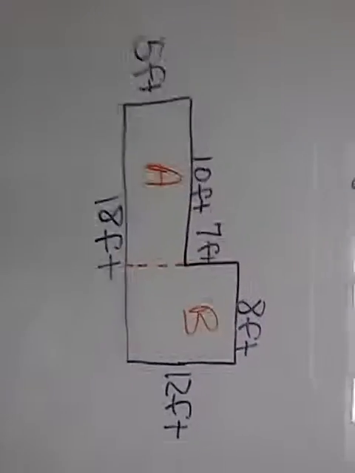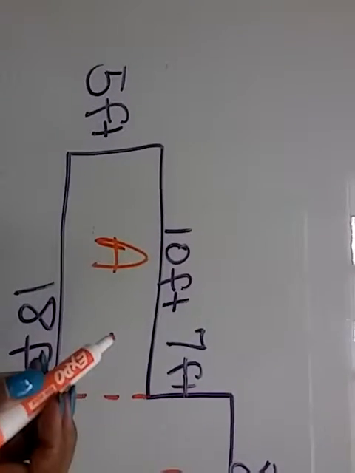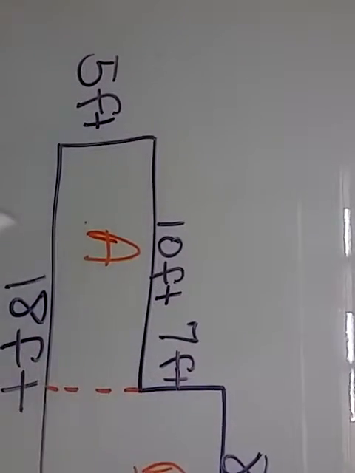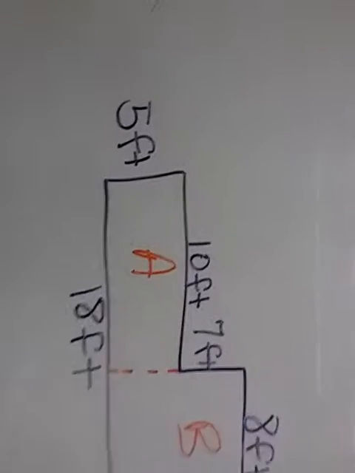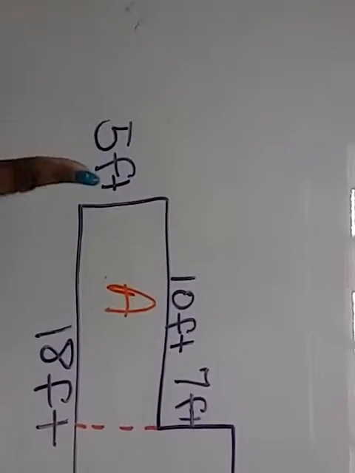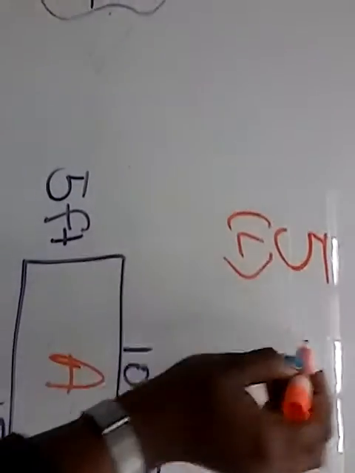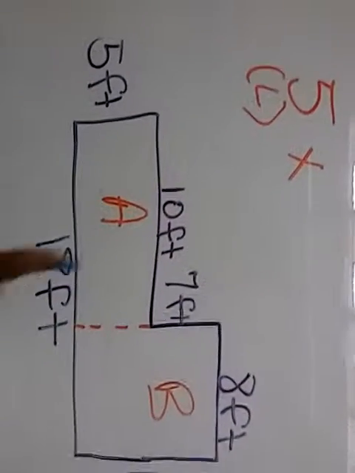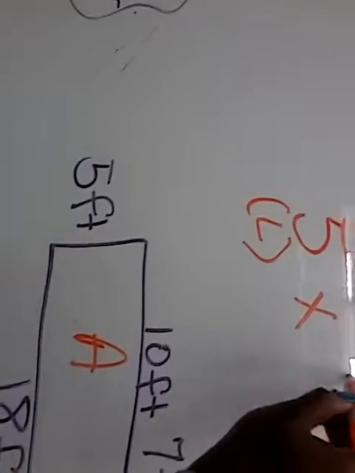We're going to start off with rectangle A. So from this point on over is rectangle A. If I'm finding my area, I have to find my length and my width. So my length of rectangle A is 5. That is my length. Now my width, what is my width? My width for rectangle A is 10.